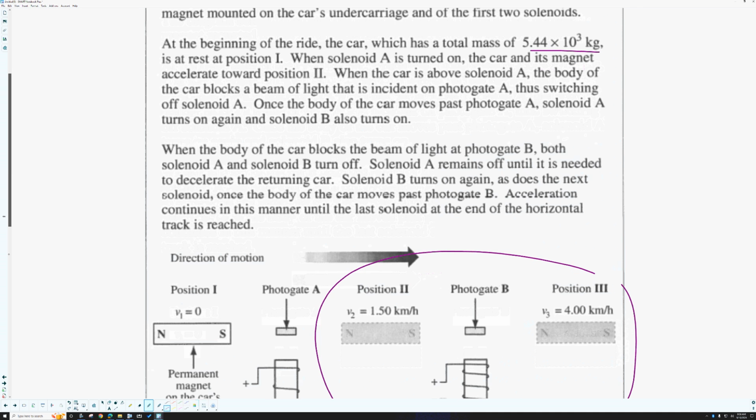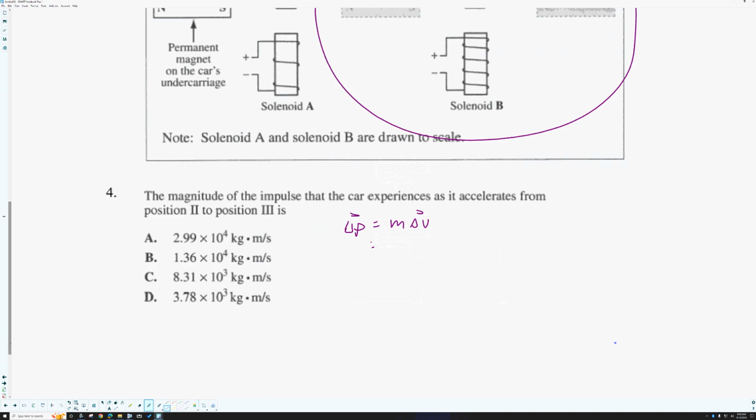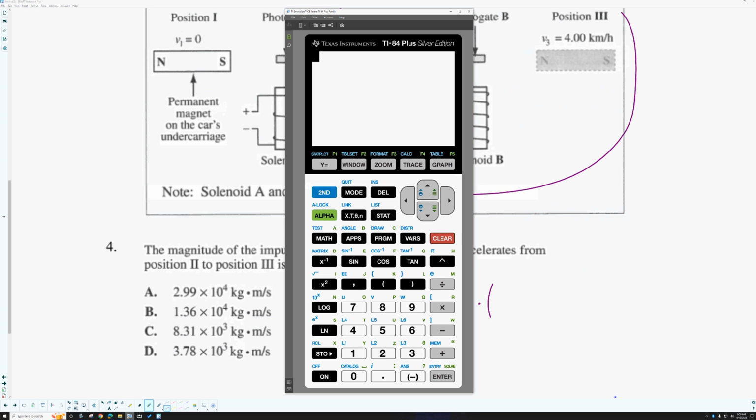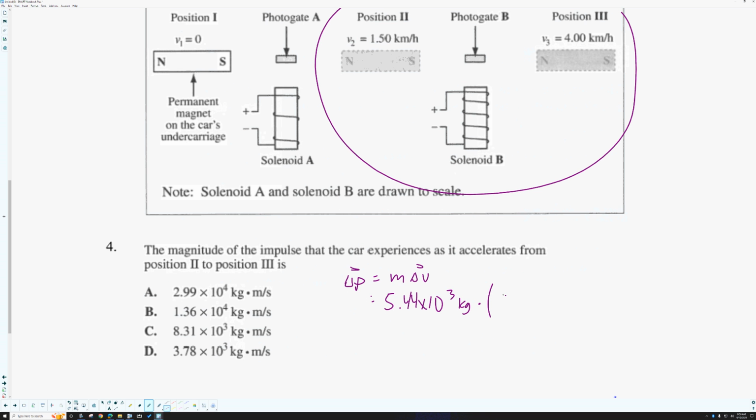So I found it. I'm going to say 5.44 times 10 to the 3 kilograms times VF minus VI. And VF and VI are both here. 4 minus 1.5 is 2.5 kilometers per hour. We're going to convert that to meters per second. 0.6944.